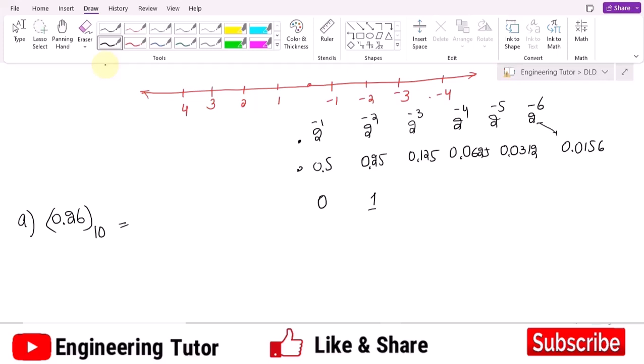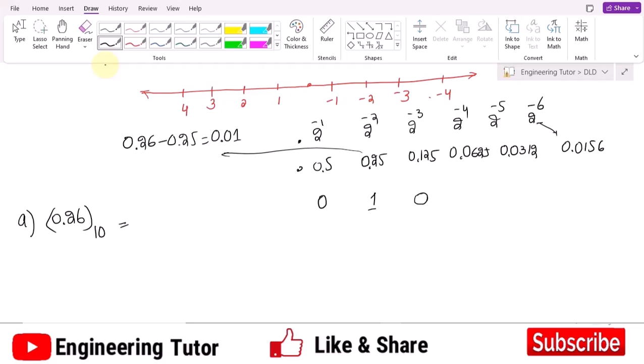So how much is now left? If I subtract 0.25 from 0.26, what is left is 0.01. So I have to select numbers such that when added with 0.25, I get 0.26.